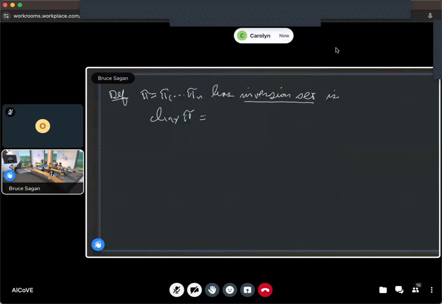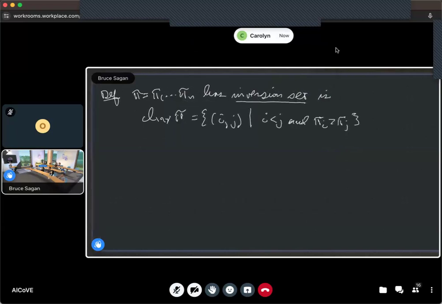And it's just going to be the set of all pairs of indices i, j such that i is smaller than j and pi i is bigger than pi j. So you can think of these as the pairs which are out of order in pi.